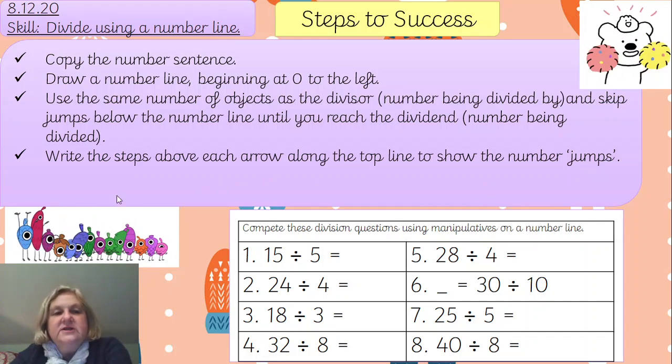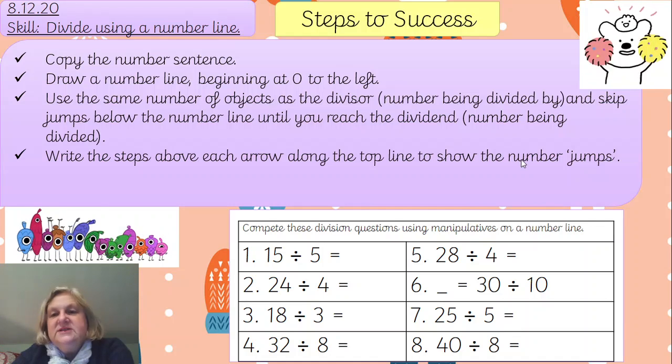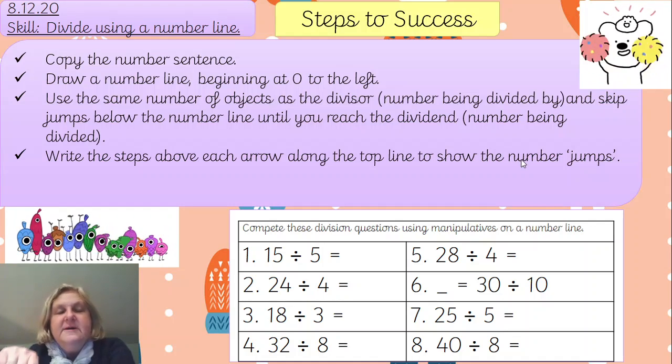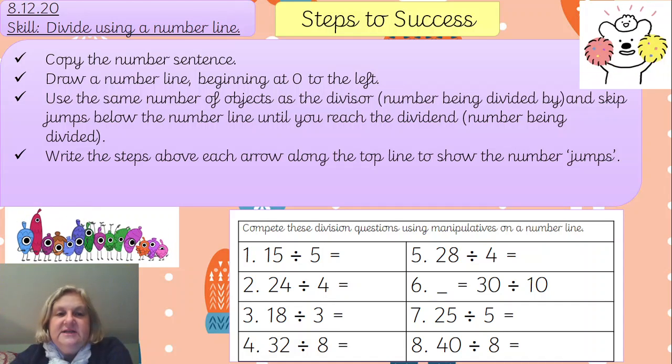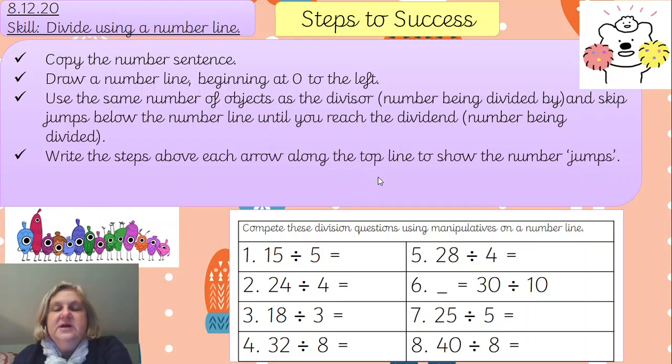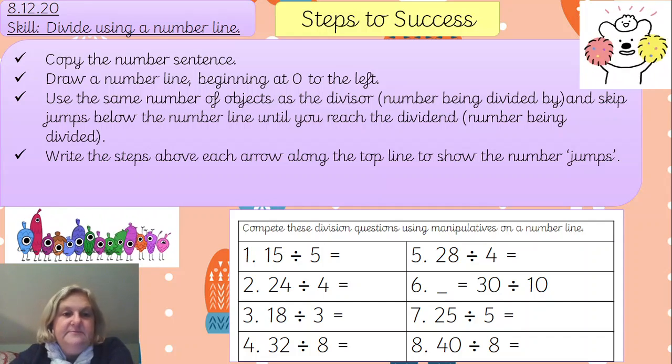If you are going to draw those arrows on, they should be the same size. They shouldn't get smaller towards the end because you're hurrying. They should have a nice spaced jump and be really neat and tidy. They should be the same because they are the same number in jumps, so they should actually look the same.